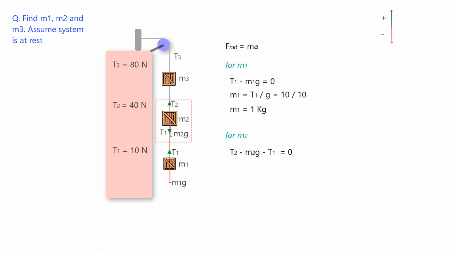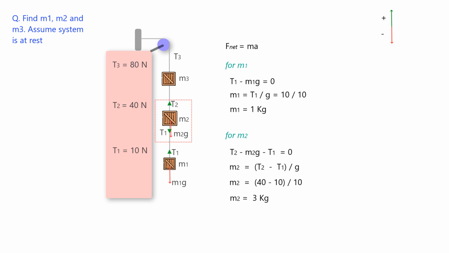And what we get is M2 is equal to T2 minus T1 divided by g. And if we substitute the values of T2 and T1, what you get is T2 equal to 40 newtons minus T1, which is 10 newtons. And if you divide this by g or 10, what you get is 3 kilograms. So we've just found the mass M2.